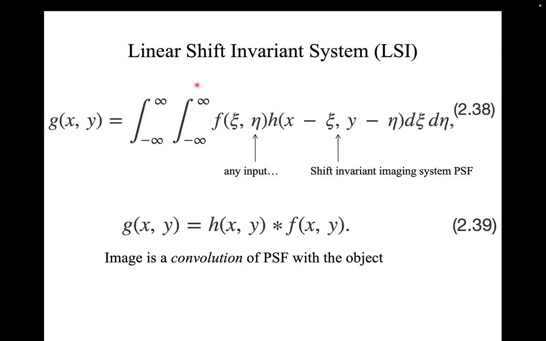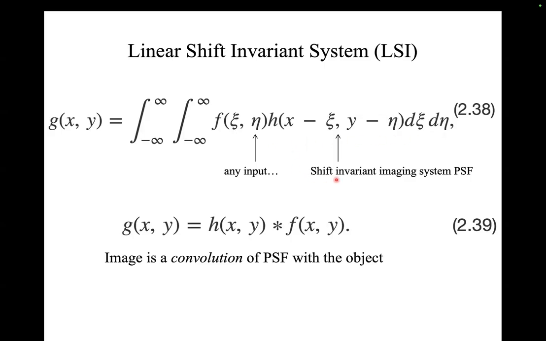So now let's go back to our superposition, and we're going to have our input image. This is our input data coming at us, and we will perform this superposition. But now, instead of having to have a different h for each xy, we'll use one h and perform this integral here.